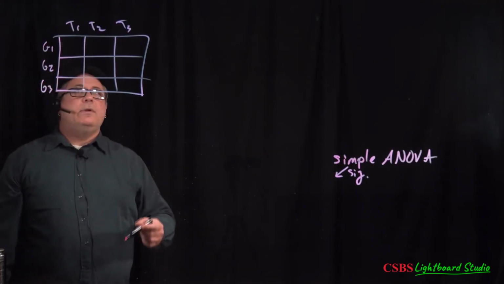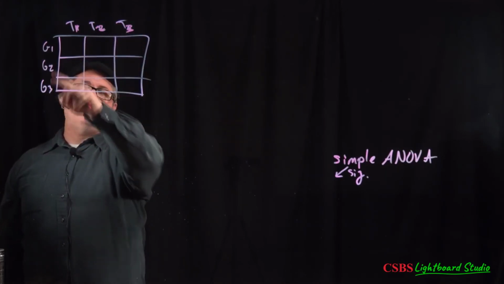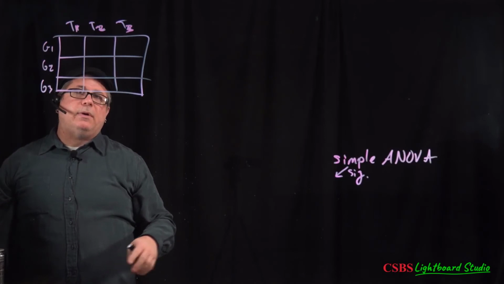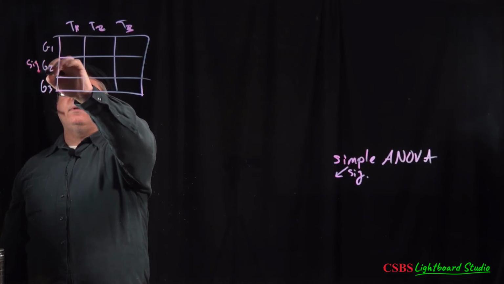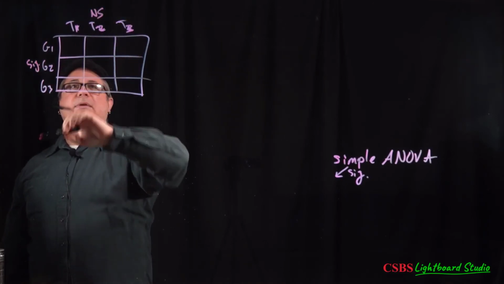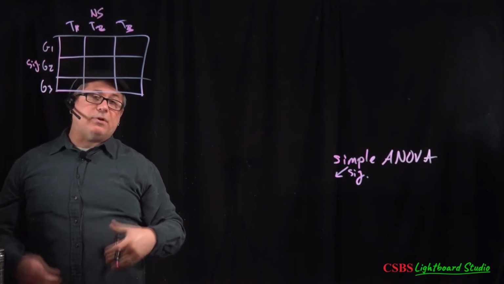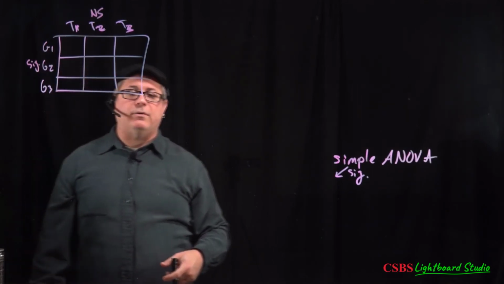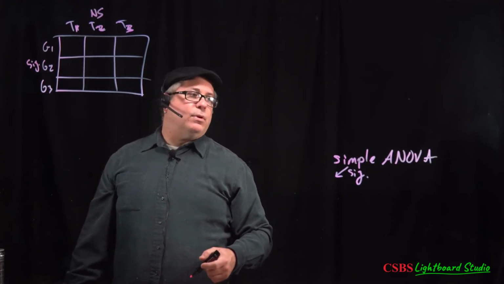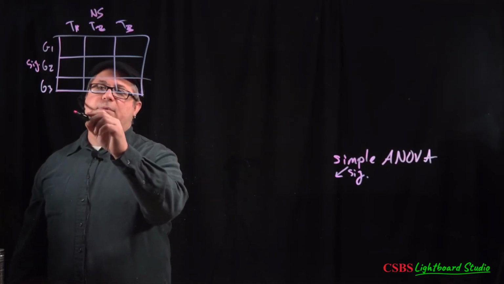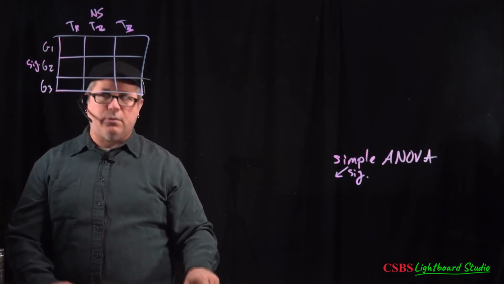So let's say you have 3 time points, 3 groups, and the interaction is significant, and let's say the groups effect is significant, but time is not, meaning that flatness wasn't rejected, but equal levels was. There's also an interaction, so there's a parallel profiles rejection there too. So what is a simple ANOVA, or a simple effect? So simple ANOVA means I'm going to take, and I'll use yellow.